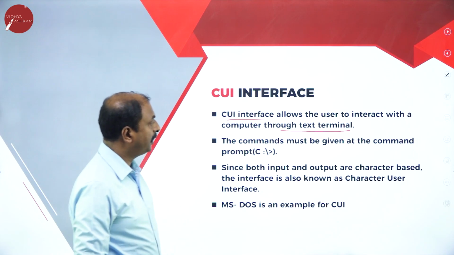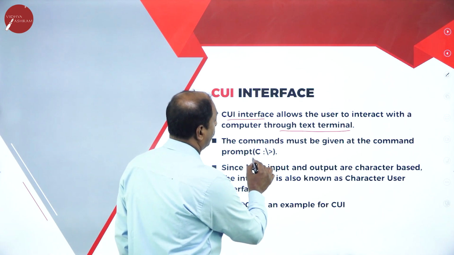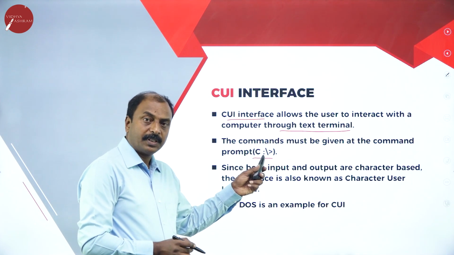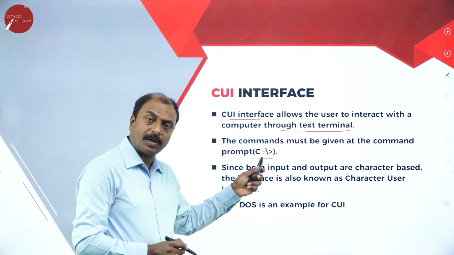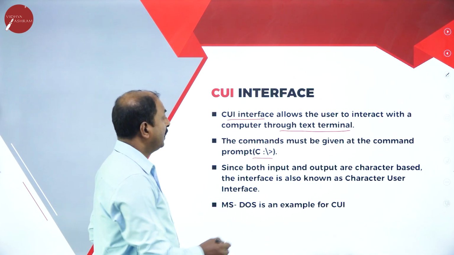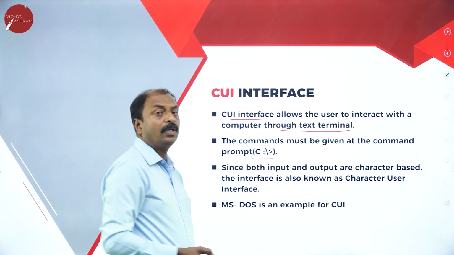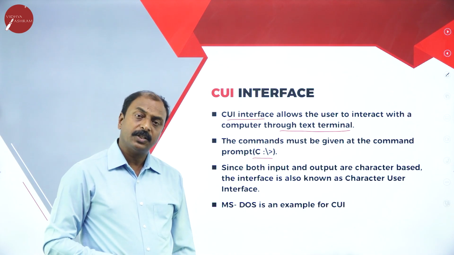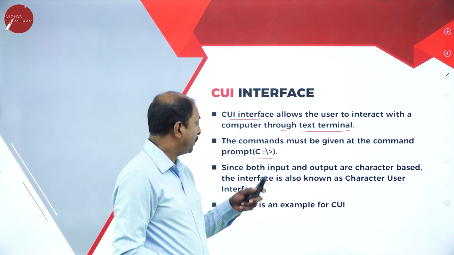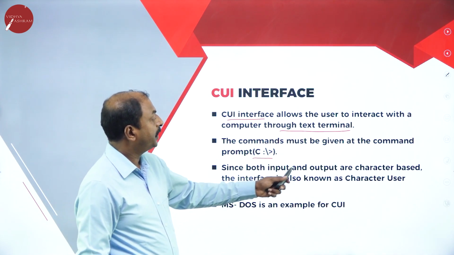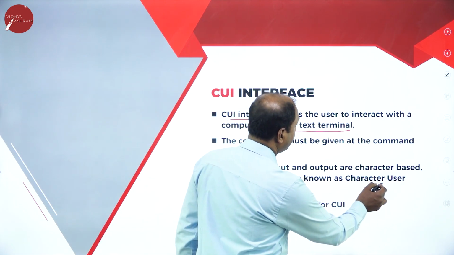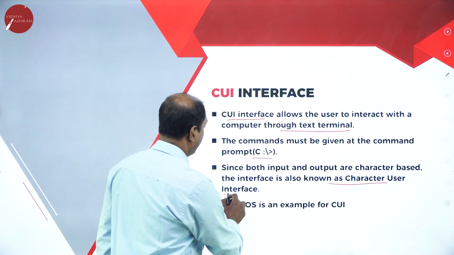For example, here we say C prompt or command prompt. You might have seen this in your computer system. This is called DOS prompt or C prompt or command prompt. This is the place where we have to type our commands for execution of any type of work. So this is a command prompt. Since both the input and output are character based, it is known as character user interface.